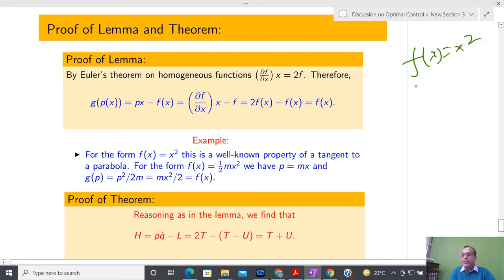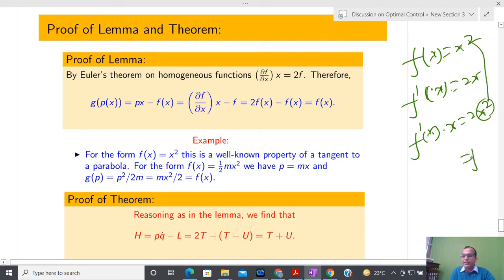If you take the derivative, f dash x, you have 2x, and if you multiply this with x again, f dash x into x, you get 2x square, which is nothing but 2f. This kind of result is valid even if you take x cube and check the same formulation. So this is true for any homogeneous function.